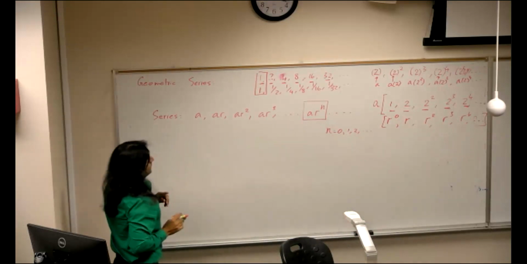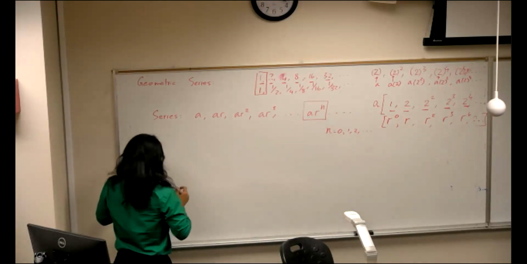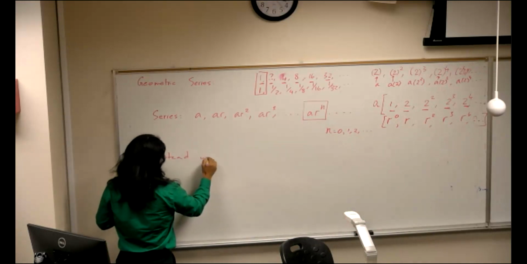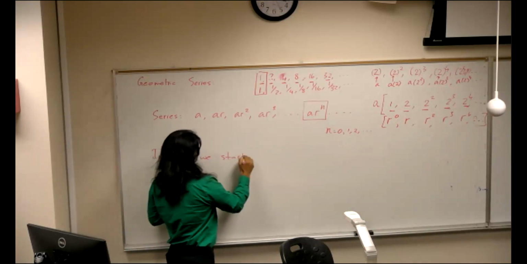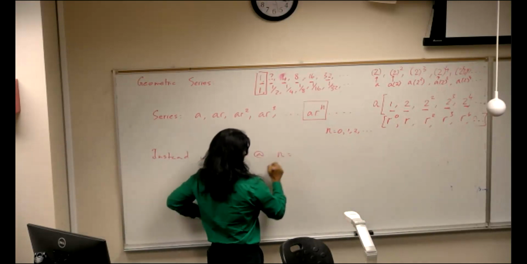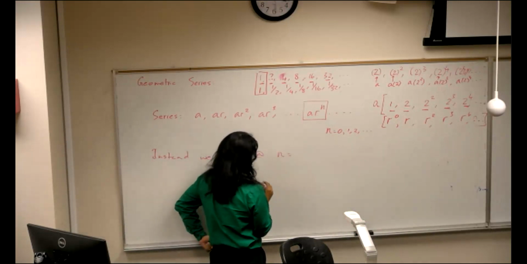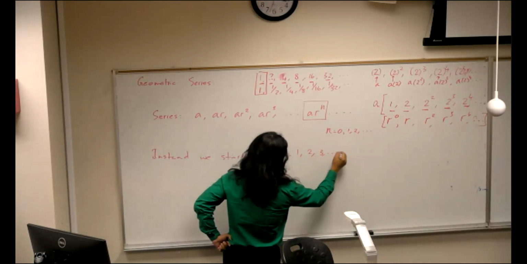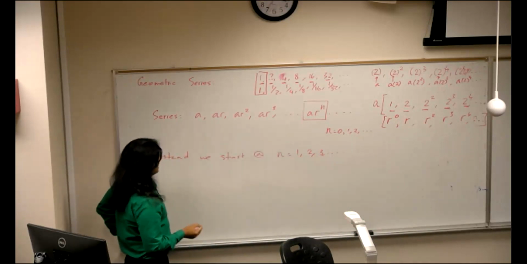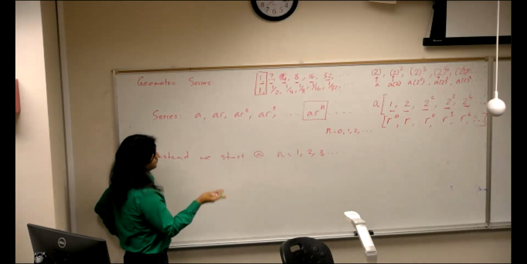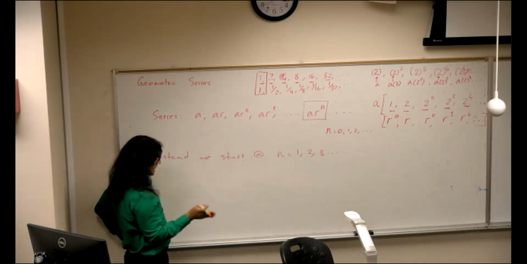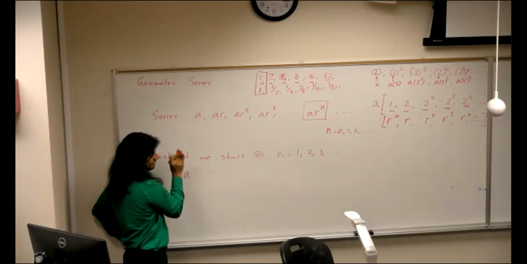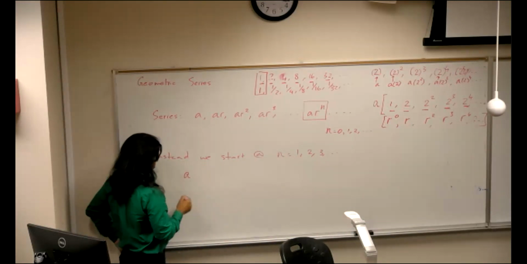But if I insisted and said, instead, we start at n equals 1, 2, 3, ... then when n is 1, I need to get A. I can't change the series. The series has to remain the same.